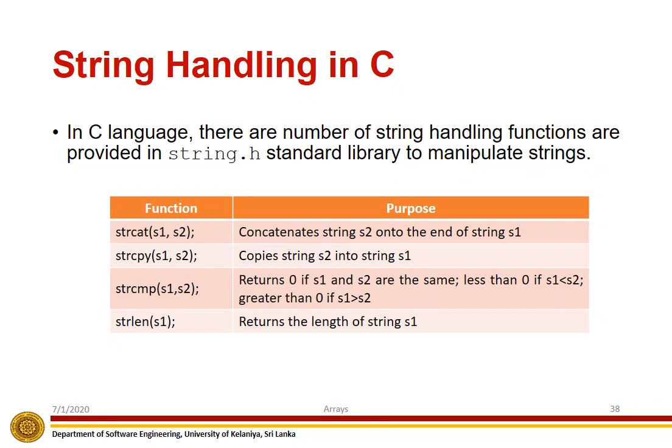It returns 0 if s1 and s2 are the same. It means the first string and second string are the same, so it will return 0. It returns less than 0 if the s1 string is less than the s2 string, and greater than 0 if the s1 string is greater than the s2 string.